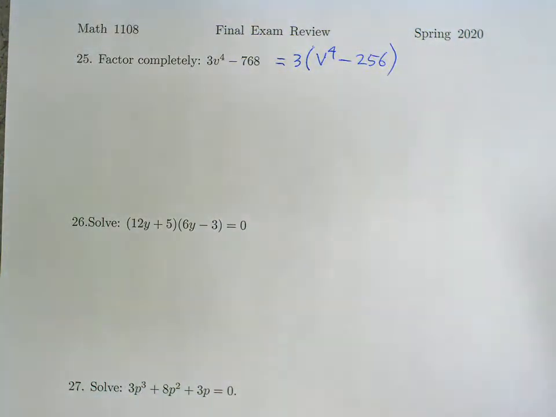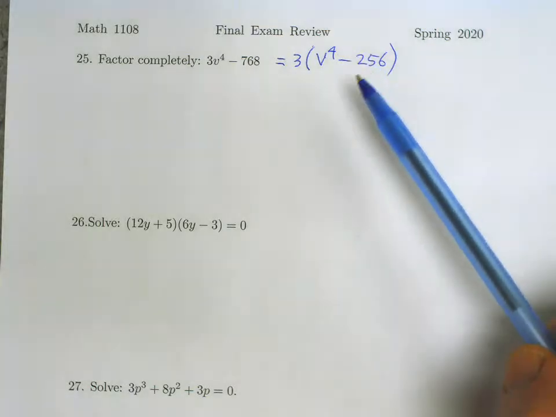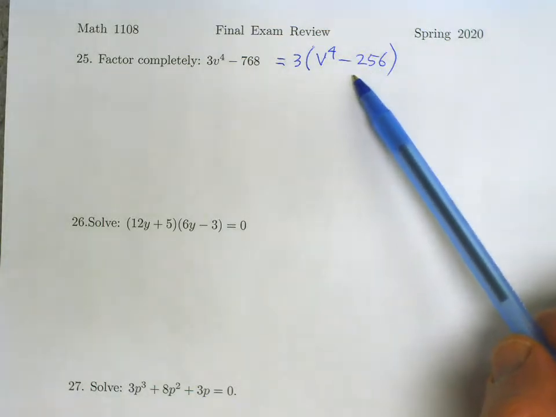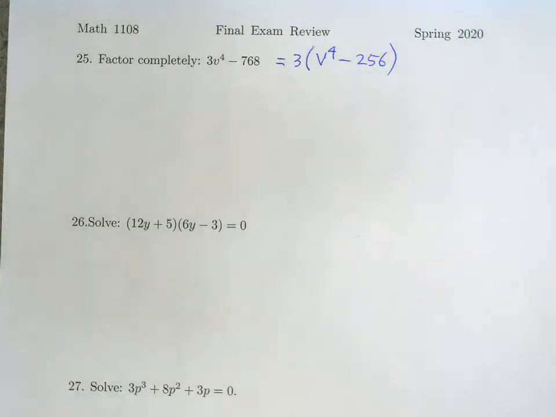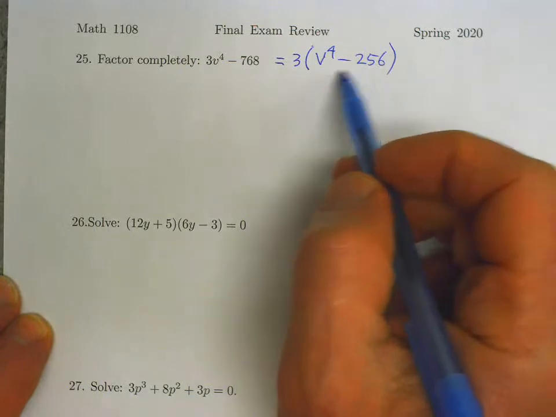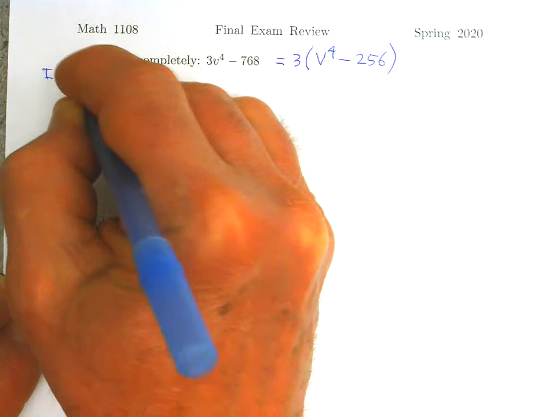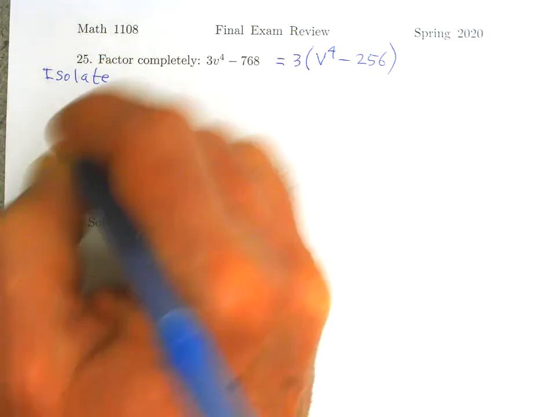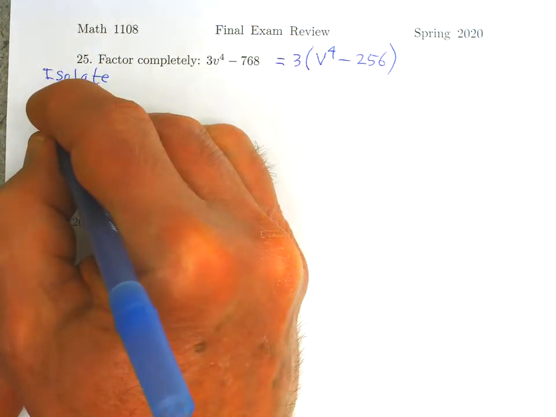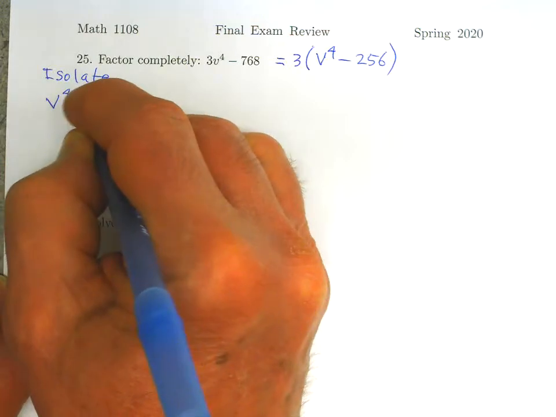And now the question is, can we factor v to the fourth minus 256? The answer is yes. Let's isolate that for now, just to focus on v to the fourth minus 256.